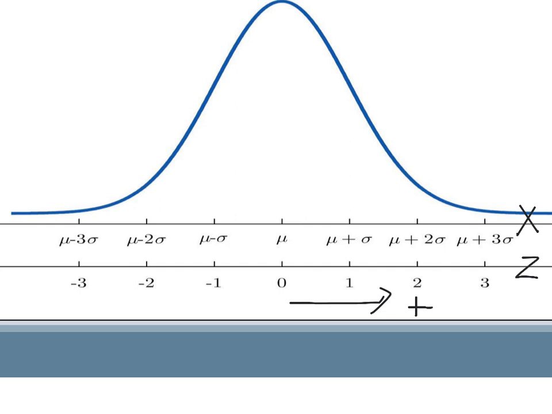If I go to the left, my z's are negative because I'm below. So they're positive up here because I'm above the mean, negative down here because I'm below the mean. A z of -2 indicates that I am 2 standard deviations below the mean. So z-scores are literally how many standard deviations you are above or below the mean.